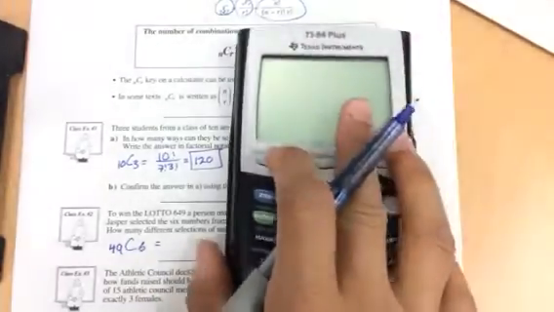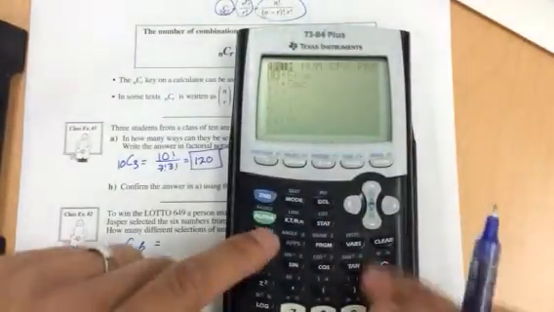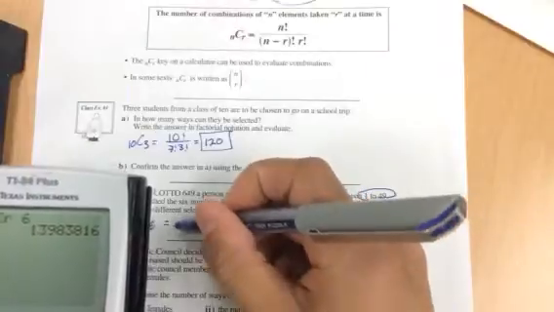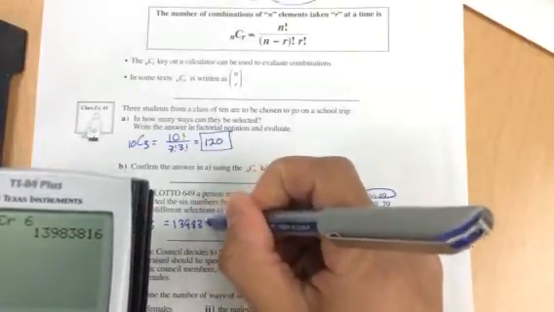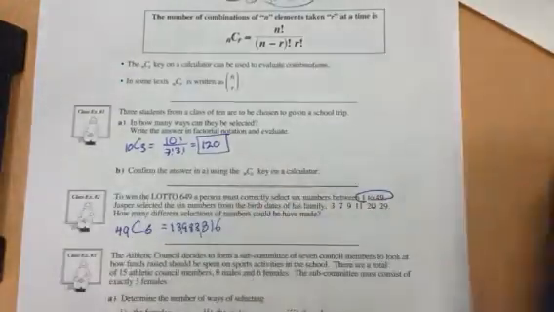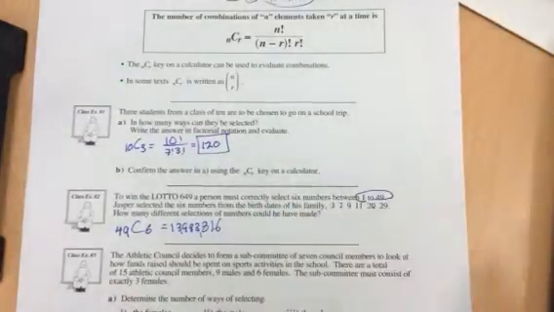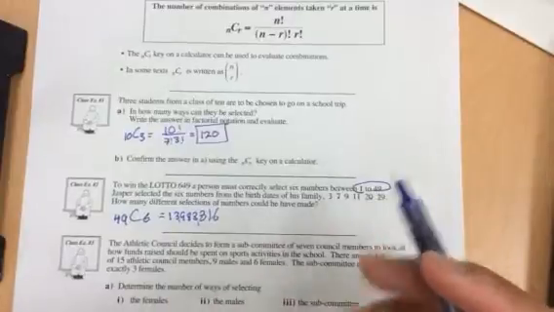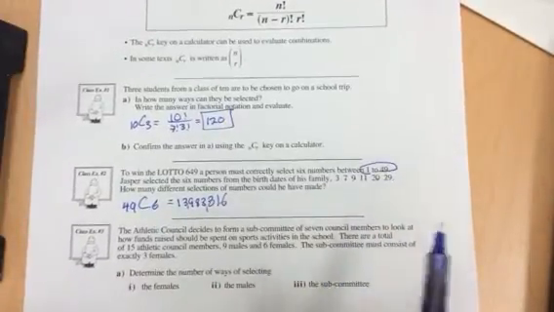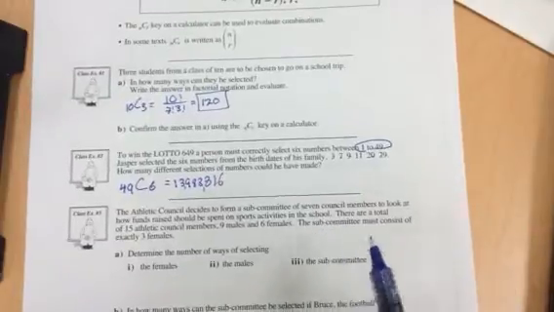So it would become 49C6, or if we put that into a combination, there would be this many: 13,983,816. So 13 million, close to 14 million different ways in which you can come up with different numbers. So that's not very good odds of winning the 649 lottery.